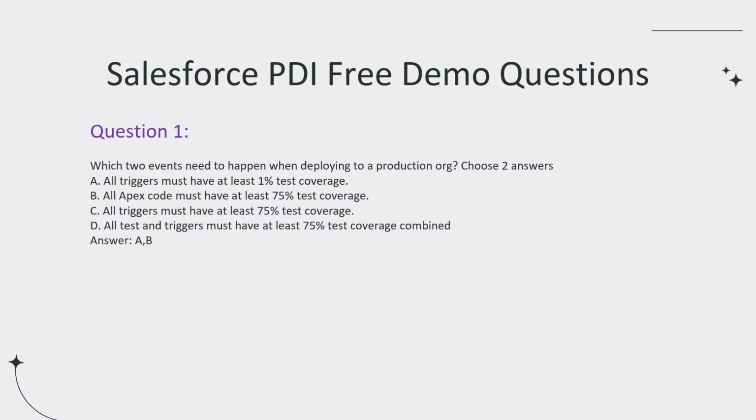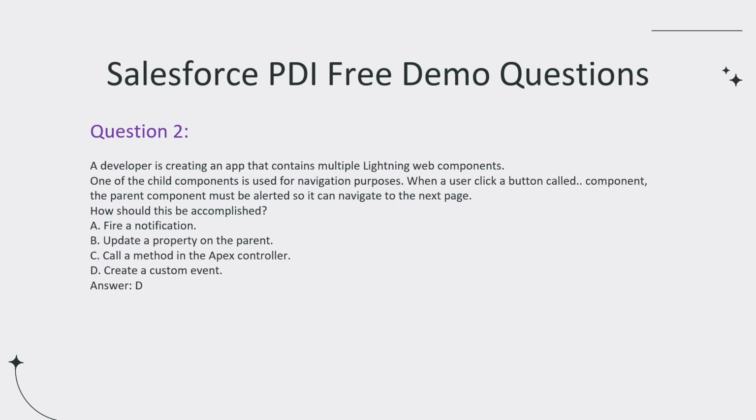C. All triggers must have at least 75% test coverage. D. All tests and triggers must have at least 75% test coverage combined. Answer: A, B.